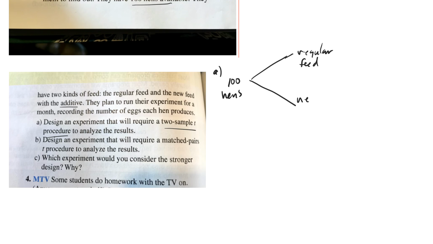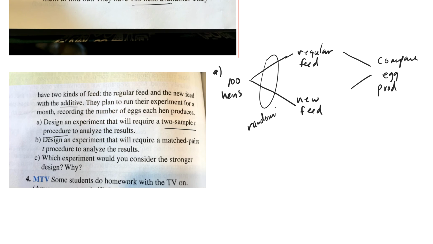This is the new feed. Okay, and then I'm going to compare egg production. They get randomly allocated here, and we're going to do this for 1 month.